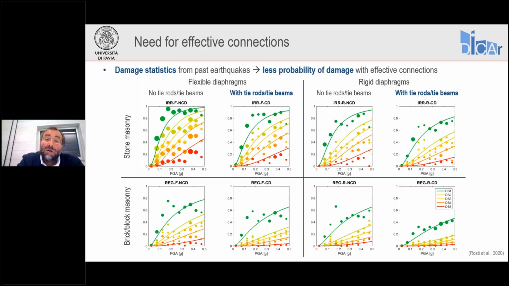Here you can see that all curves are lowering, they're all becoming less steep. So this is again proving the fact that we need to provide, to improve, to ensure this type of connection. Because again, most of the collapses that are observed in earthquakes, but also most of the damage, is associated with out-of-plane mechanism development.